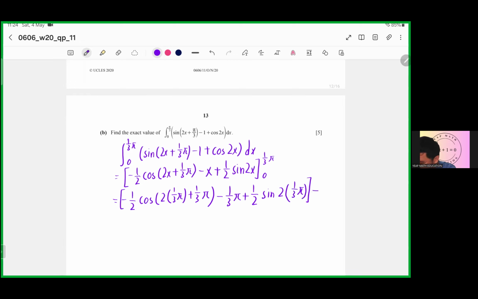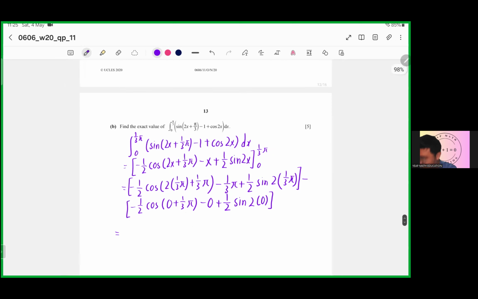And then minus for 0: negative 1 over 2 cos(0 plus 1 over 3 π), and then minus 0, and also plus 1 over 2 sin(2 times 0) here.